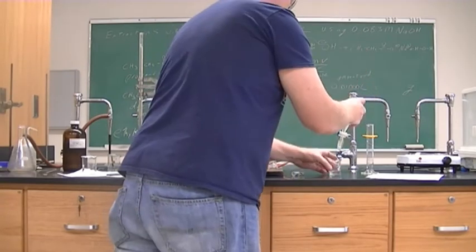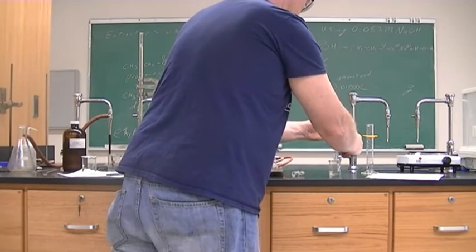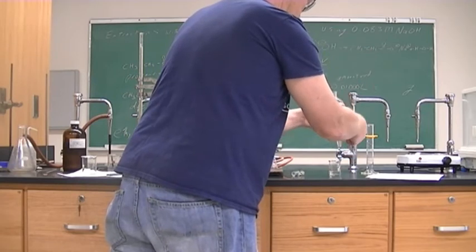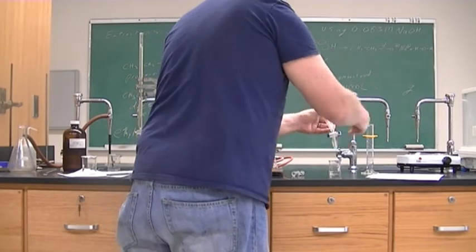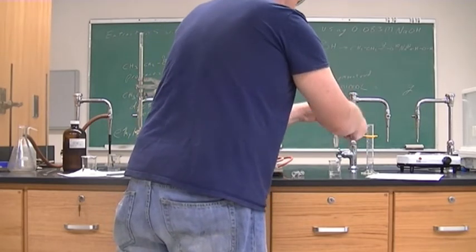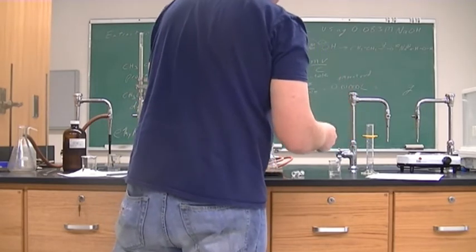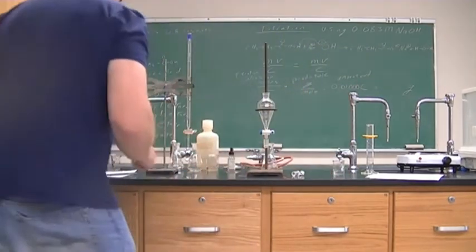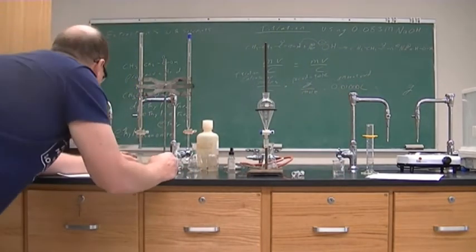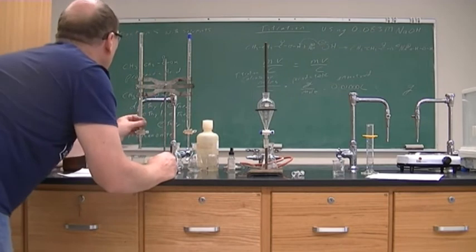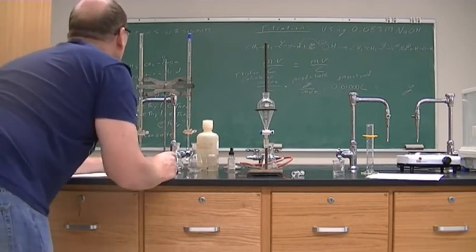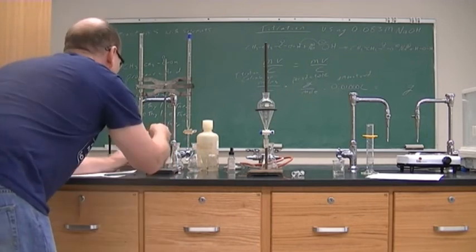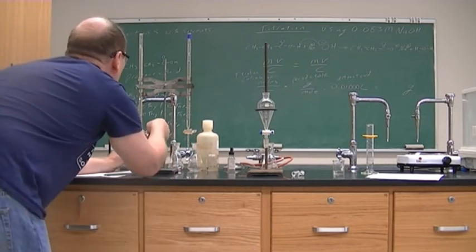Ether's going in there. We're getting our 10 mils. It's starting at 1.0. We need to go down to 11.0.